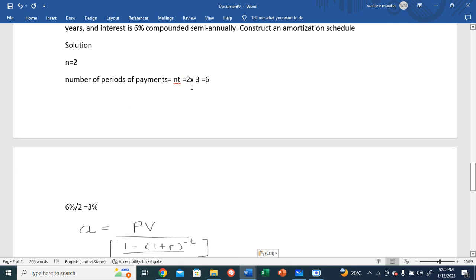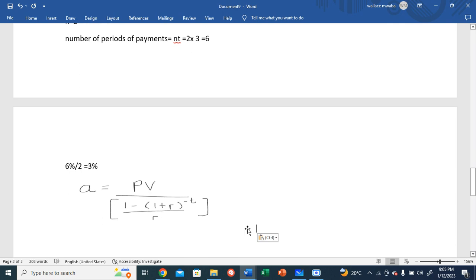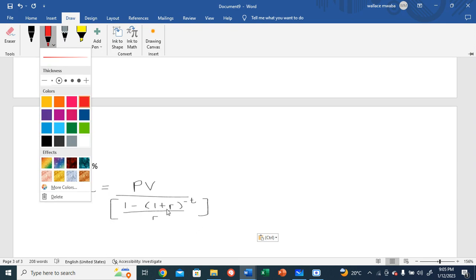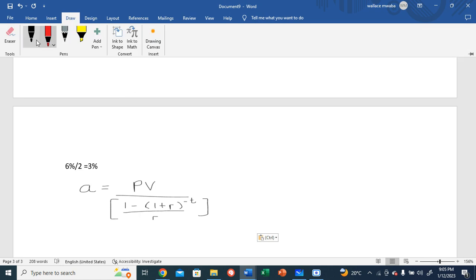Now, another way we could have gone about this is, in this formula here, we can insert n like this.